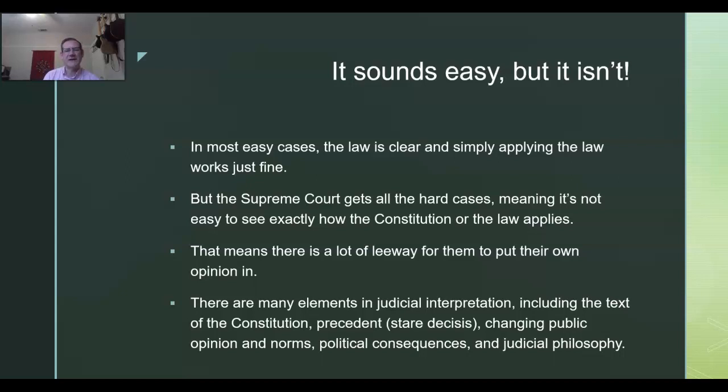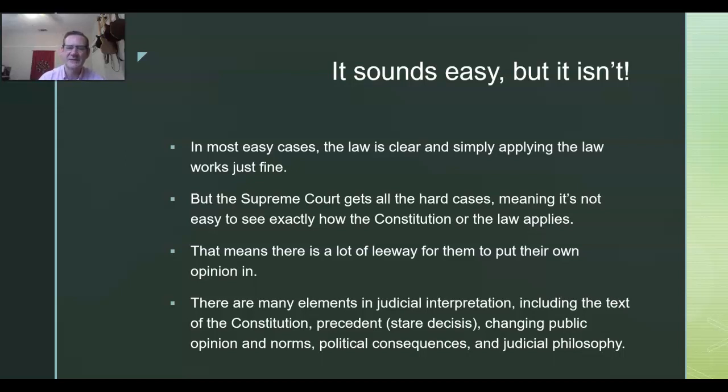Now, the truth is, in most of the easy cases, the Constitution and whatever law we have is quite clear, and you can just sit there and apply it. It's really easy. So, did you steal the TV from the store? No, I didn't. Well, we have the camera footage. There's no question here. The law is quite clear. There you go. You're going to jail. But the Supreme Court gets all the hard cases.